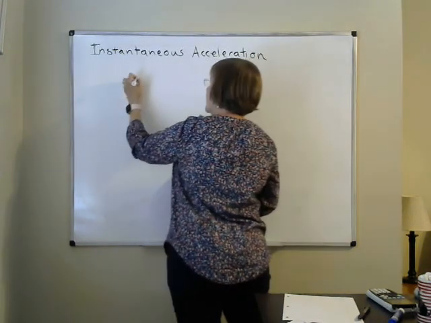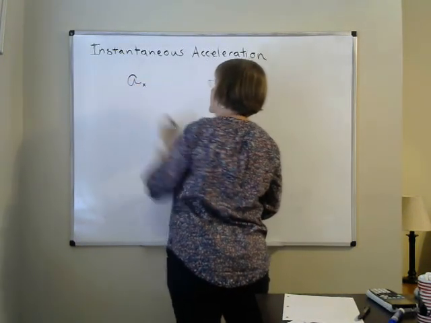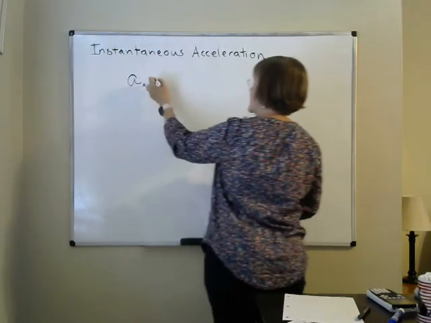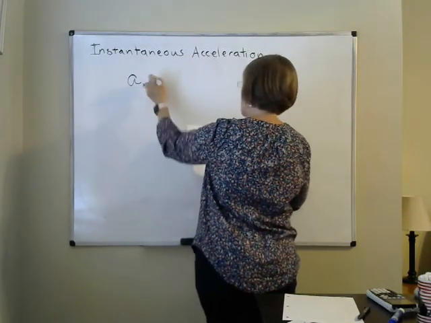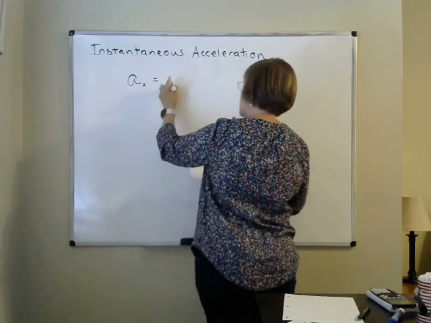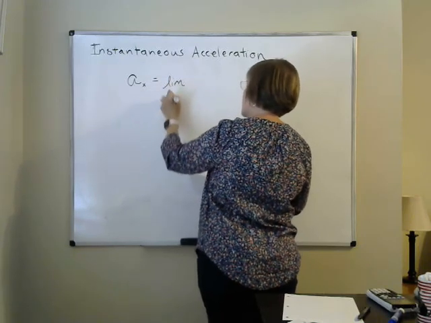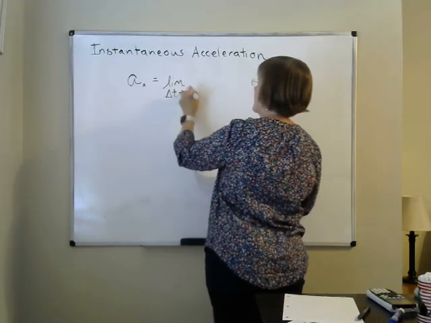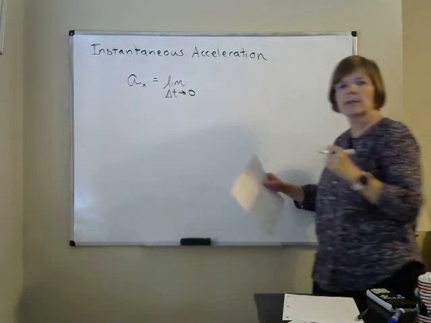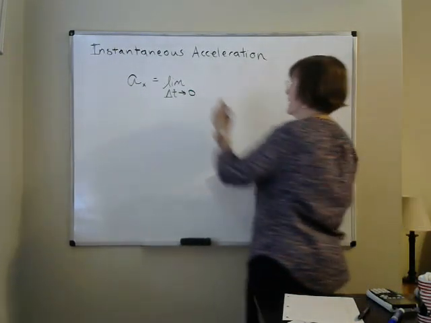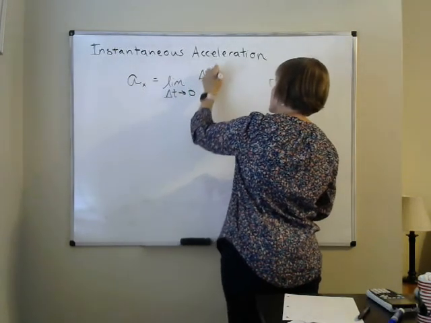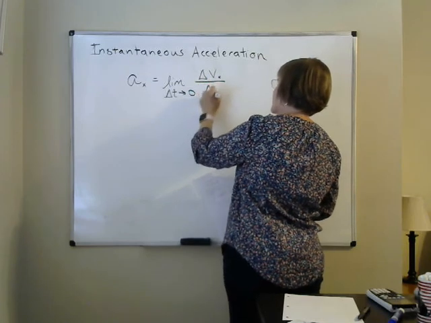Again, if we take that bar off the top, it's no longer an average. If I just want the acceleration, it's going to be the limit as the time interval goes to 0, as we make that time interval really, really short, of the change in velocity over the change in time.